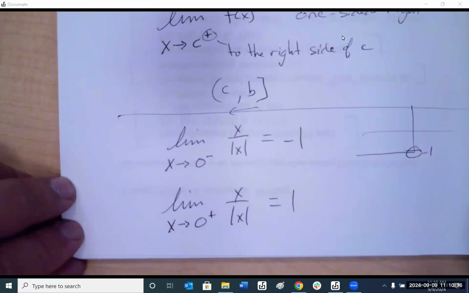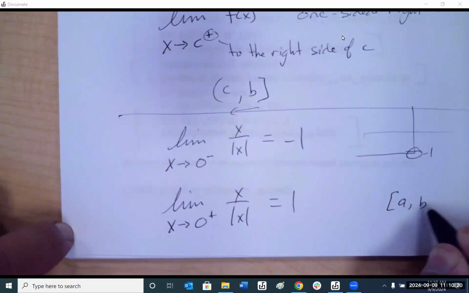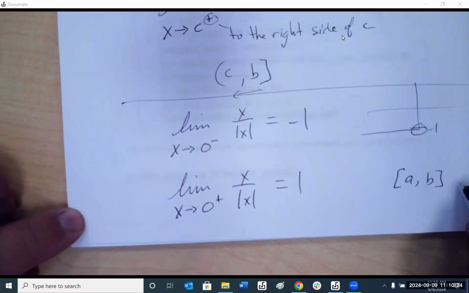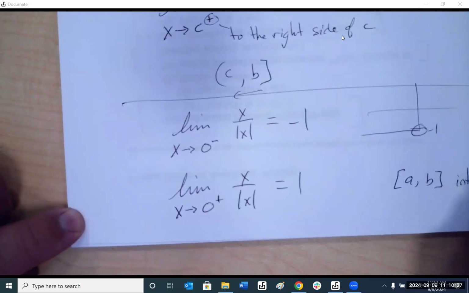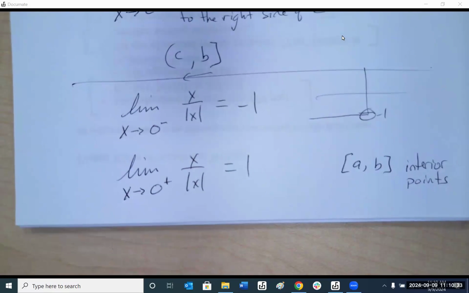And remember, all numbers inside that interval are called interior points. Whenever we refer to interior points, we simply mean interior of that domain.